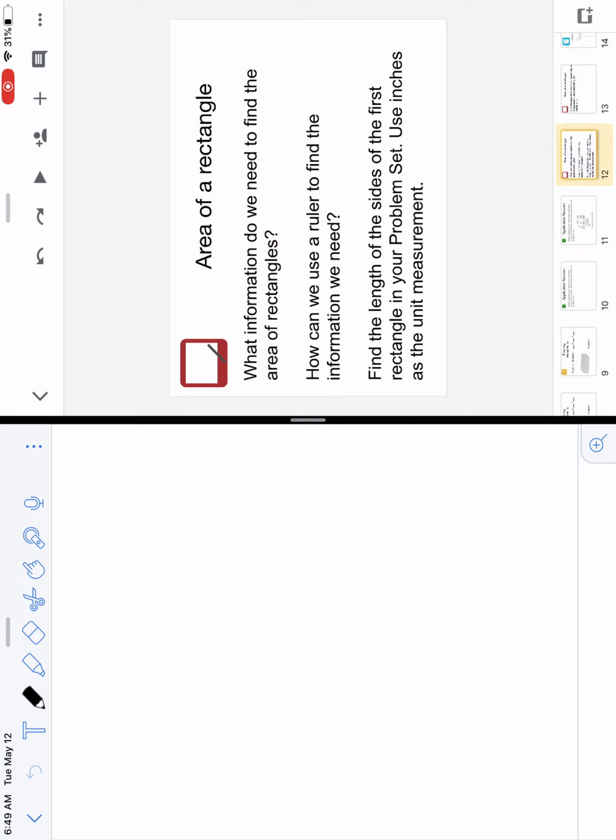Okay, the first rectangle we have about, okay, our rulers might not be the same, but we have about 2 inches by 2.5 inches.